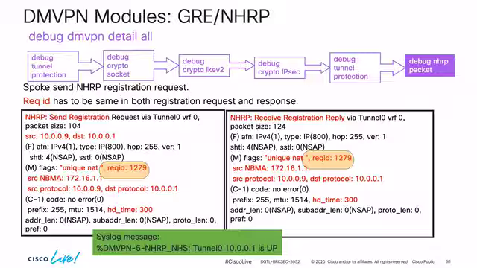Once a registration request is sent and a reply is received, if you have syslogging turned on, you would see an entry which says NHRP NHS tunnel is up. It indicates that the NHRP registration is complete. If we were to look at show ip nhrp mapping on the hub, we would see a mapping for the spoke on that hub once this registration is complete.